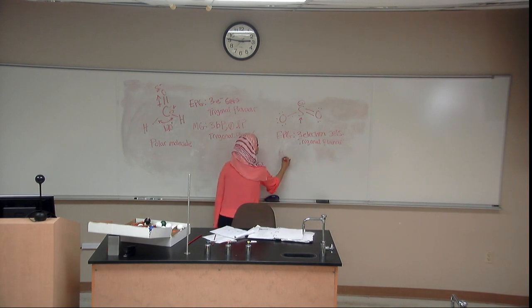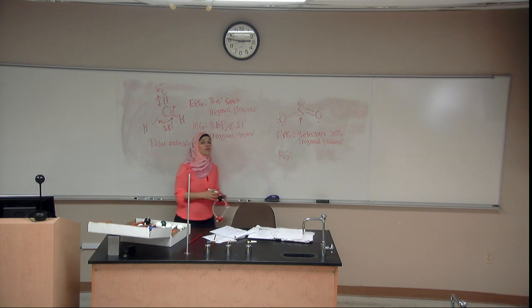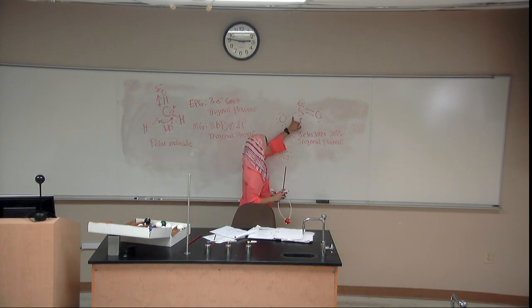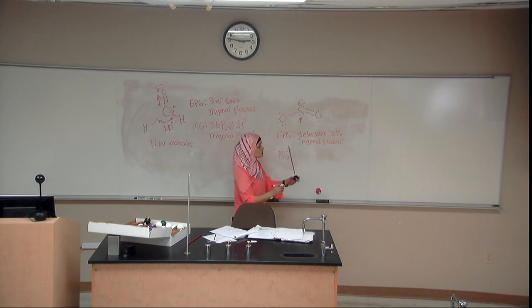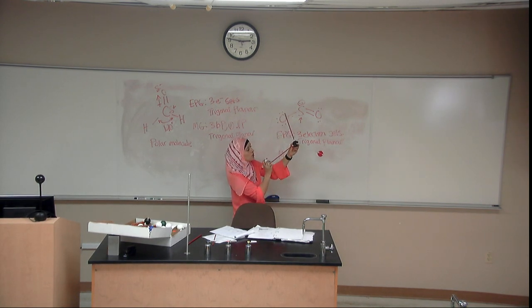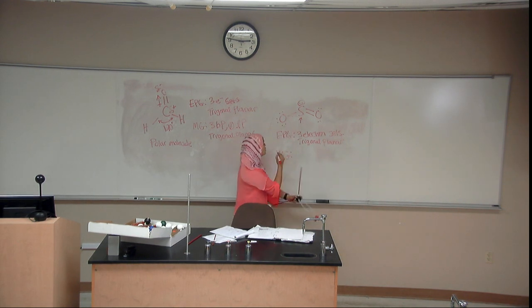Your molecular geometry is different. This is going to take into account how many bond pairs and how many lone pairs there are. When you're talking about bond pairs, which ones are bonded to other atoms? Here you can see 1 bond here and 1 bond here. So 2 bond pairs.